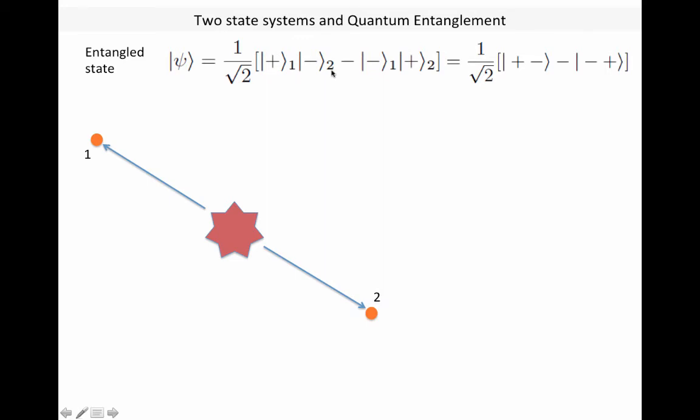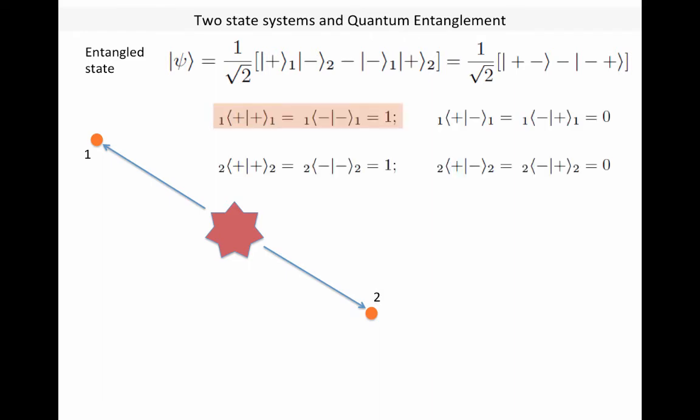Now, the labels on these kets tell you which electron we're talking about. So the subscript 1 here tells you that this ket refers to electron 1, and the subscript 2 tells you the ket refers to electron 2. These kets behave just like the single particle kets we've already seen. So the inner products of plus with plus and minus with minus, and plus with minus and minus with plus, give 1 and 0 respectively, so long as the kets refer to the same particle.